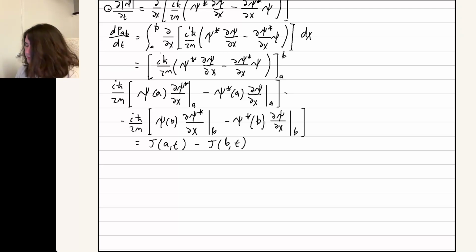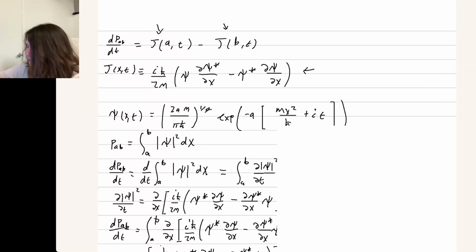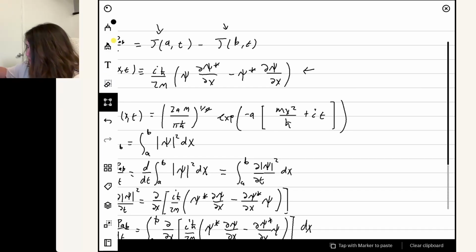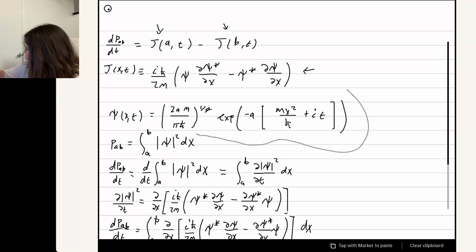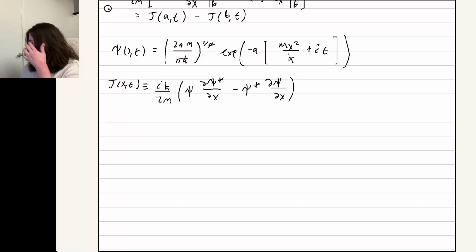The next bit is to actually turn the wave function from problem 9, this guy, into a probability current. So let me just copy that down. The probability current of this wave function is going to be something that's really long to write.